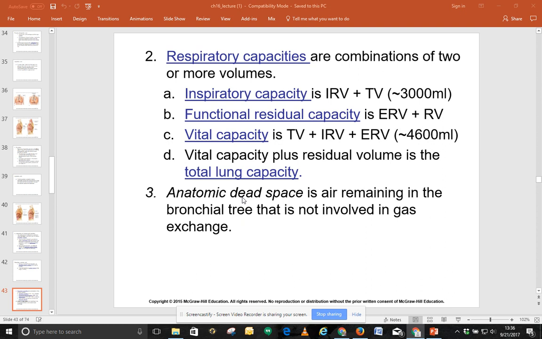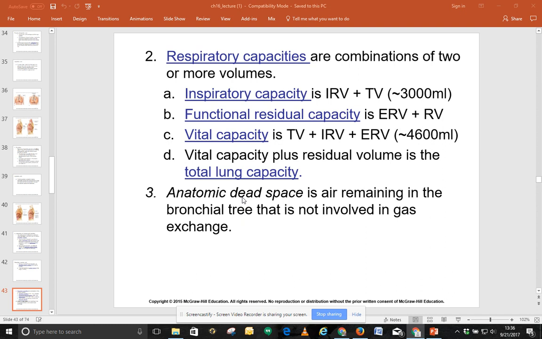So tidal volume is normal breath plus as deep as you can go, and that would be approximately 3,000 milliliters. Functional residual capacity is your expiratory reserve volume plus your residual volume. And then we have the vital capacity, which is your tidal volume plus your inspiratory reserve and your expiratory reserve. And that's usually about 4,600 milliliters.